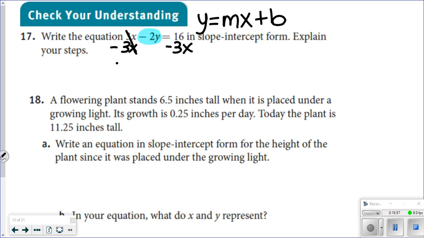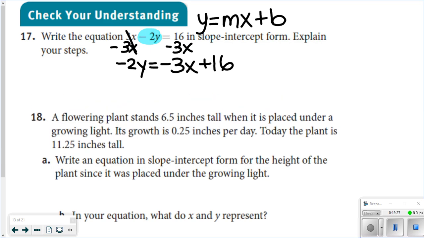So we get -2y equals, now 16 and -3x are unlike terms. One is just a number and one is a variable. So I cannot put them together. I need to leave them separate, and I need to put my mx term first. So let's write -3x first, then plus 16.